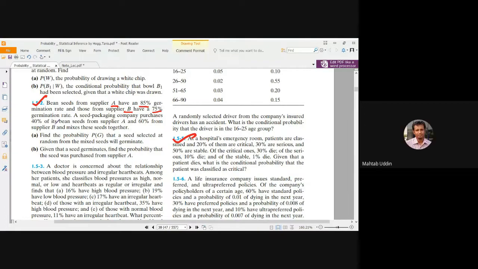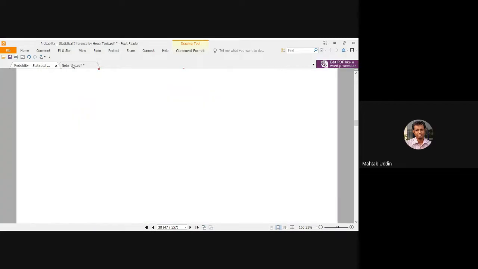Now what is the probability of selecting A and B? The seed packaging company purchases 45% from supplier A and 60% from supplier B. So we are now at chapter 1.5, right? So the probability of selecting A is 40%. So what can we write?